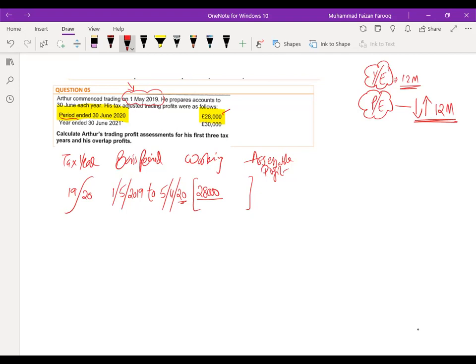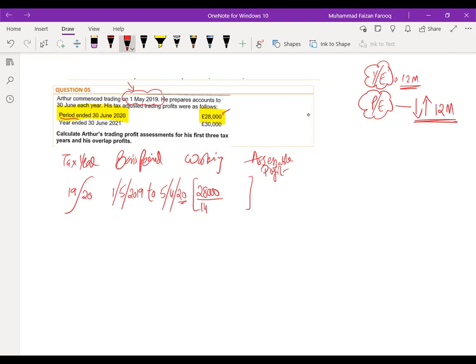See, May, June, 2 months, and then till next 12 months. 2 plus 12, 14. You got 14? So we're going to take May and June as 2 months.